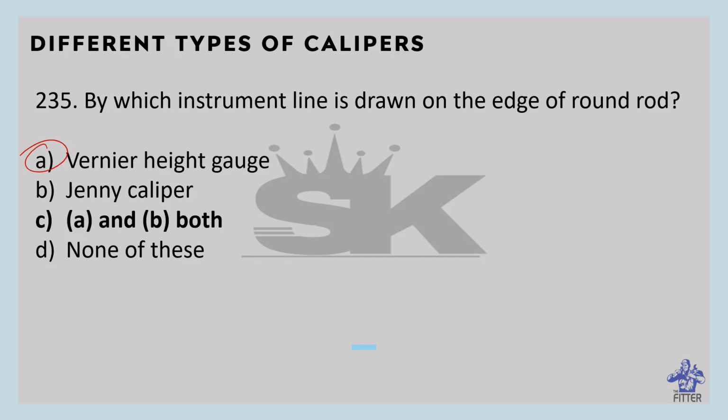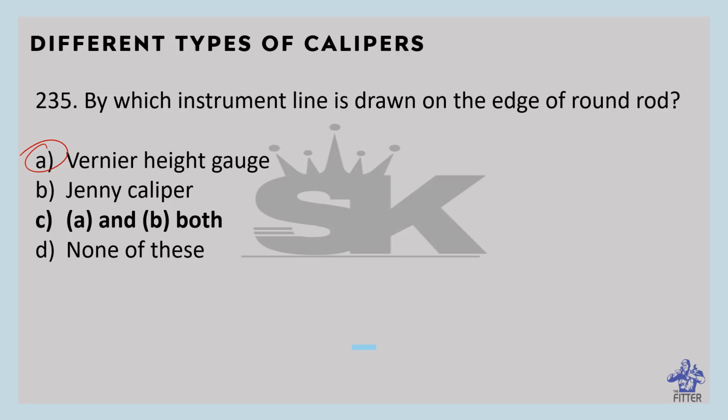Yes, a vernier height gauge with a scriber attachment can be used to draw a line on the edge of a round rod, but it's not the ideal tool for this task. While it can be used to scribe a line at a specific height, it's more commonly used for scribing lines on flat surfaces or for measuring heights on workpieces.